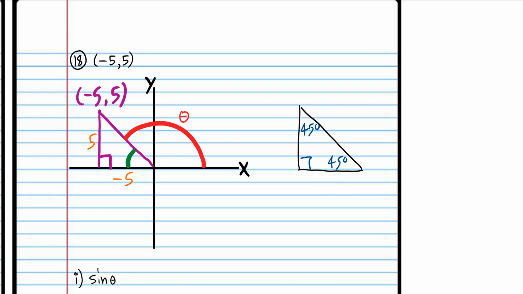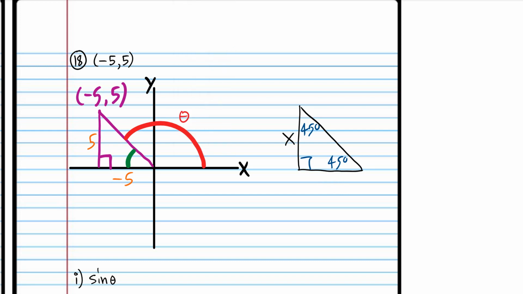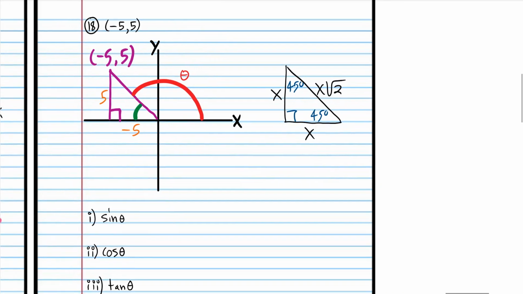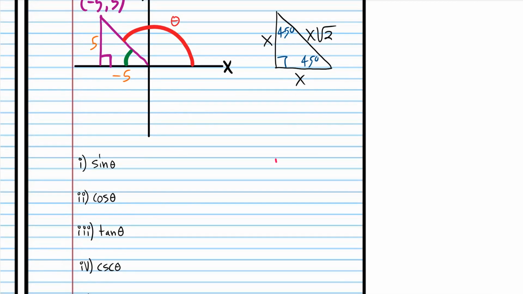If those sides are the same length, then we know from our knowledge of 45, 45, 90 triangles that the hypotenuse must be x times root 2. But what is x? X is 5. So the hypotenuse is 5 root 2. So now we can draw a triangle down here that we can use to find the values we're looking for.